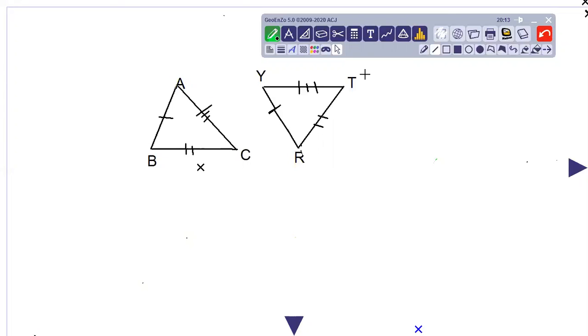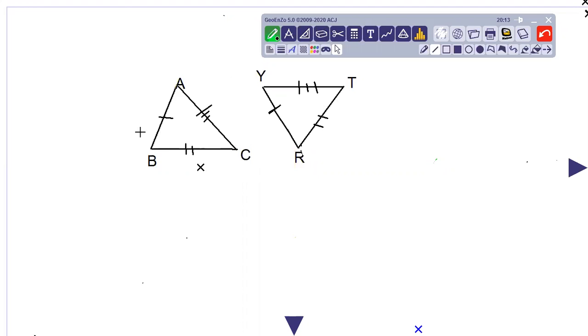I will do it like that: CAB, TYR, because we know which vertices correspond. So A corresponds to Y, B corresponds to R, C corresponds to T by looking at the marking. After that, angle naming CAB, then TYR.